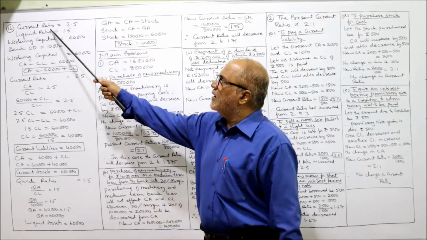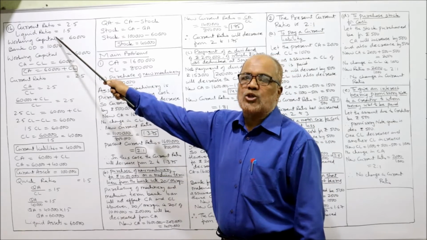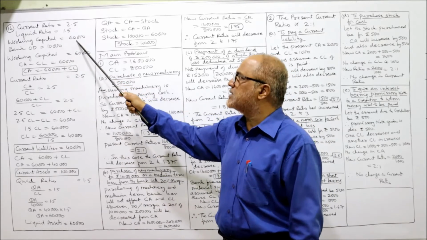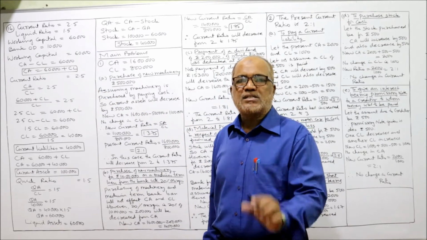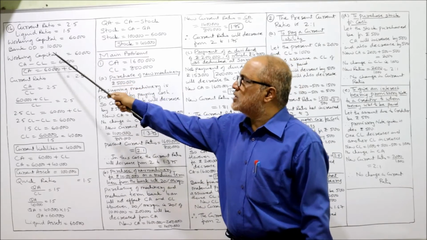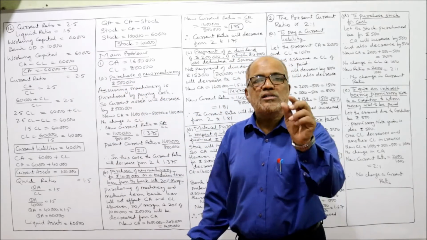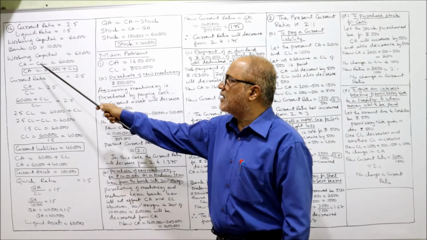Now first of all, current ratio is given as 2.5. Liquid ratio is quick ratio, given as 1.5. Working capital 60,000. Bank overdraft 10,000. This is the information given. First, I will use the working capital. How much working capital is given? 60,000. What is the formula for working capital? CA minus CL, current asset minus current liability.